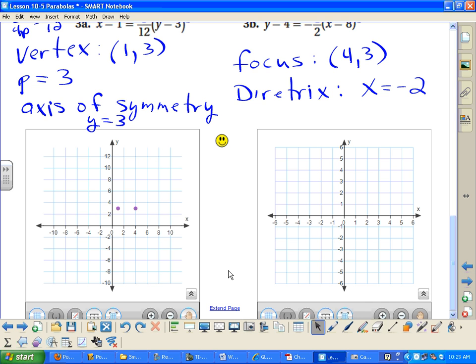Okay, so we have the point (4, 9), which means then I went from my focus, I went up 5, right? So from my focus, I can go down 5. 1, 2, 3, 4, 5. And I'd have the point (4, -2). And I can draw my graph.